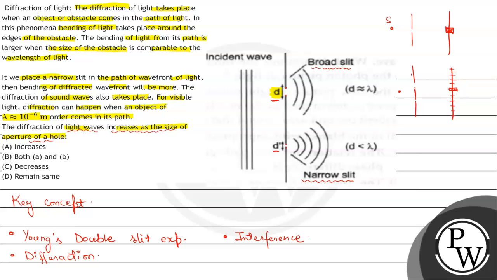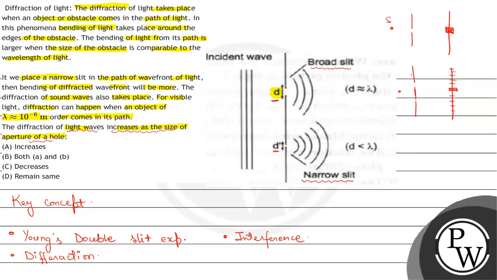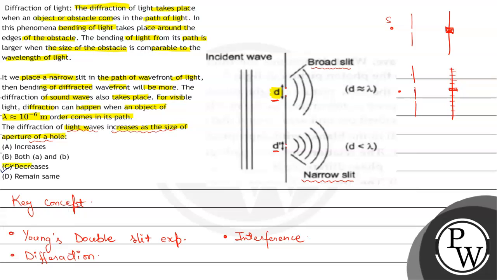Hence we can mark our solution directly: option C, in which when D or the aperture decreases, the diffraction increases, and option C is the correct option.